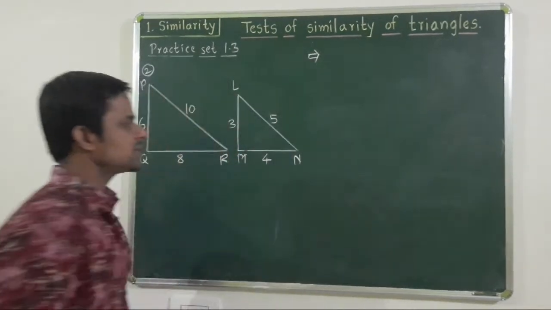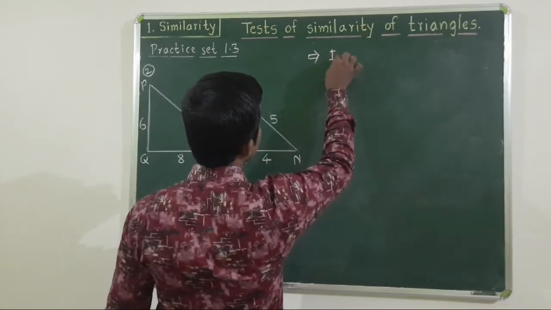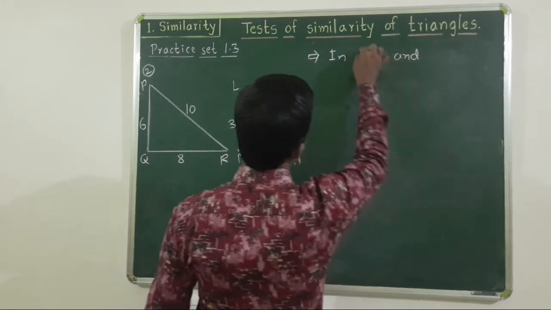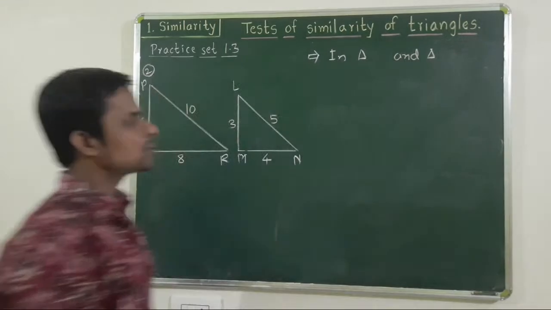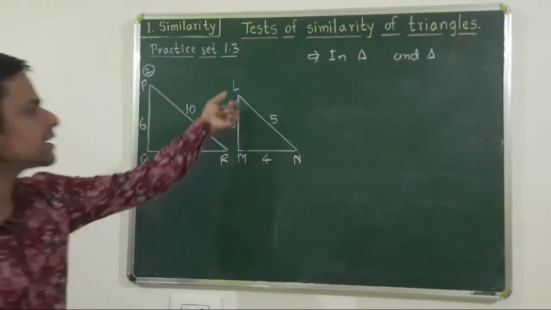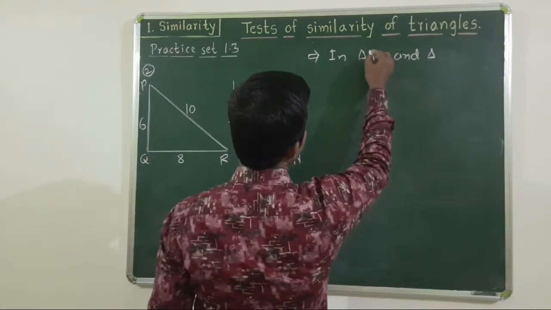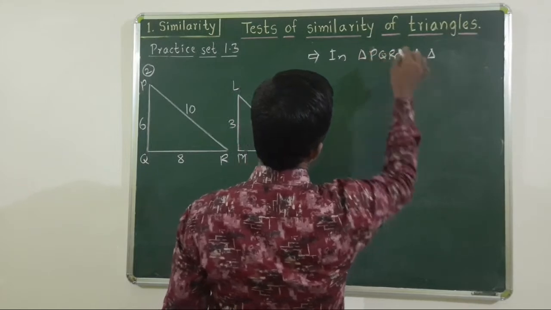Now the first step to prove similarity is to write the proper names of these two triangles. What are the names of these two triangles? Very simple, that is triangle PQR and triangle LMN. You can see the correspondence between vertices.